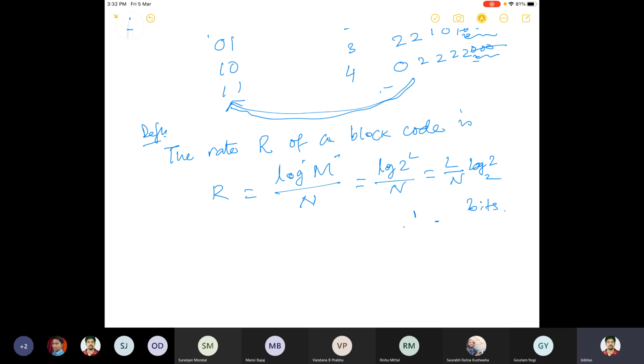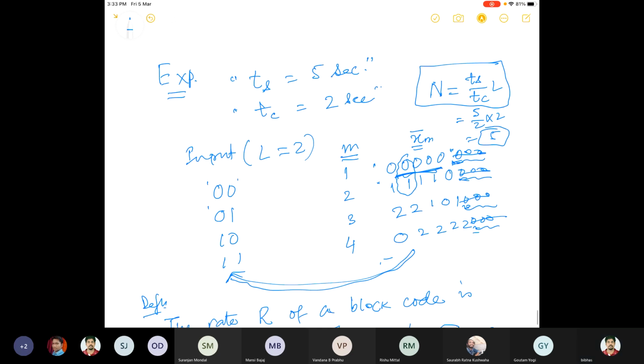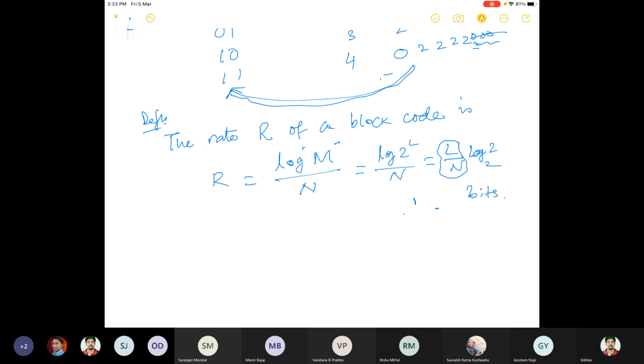N by L is Ts by Tc. If L by N is an integer, or rather, L times Ts by Tc is an integer, then N is an integer.